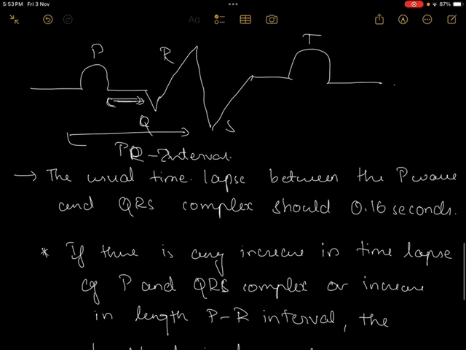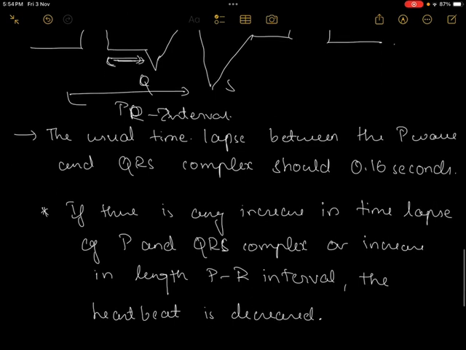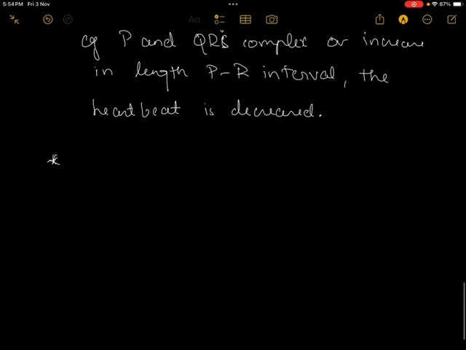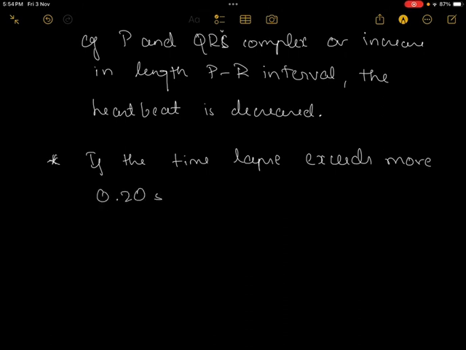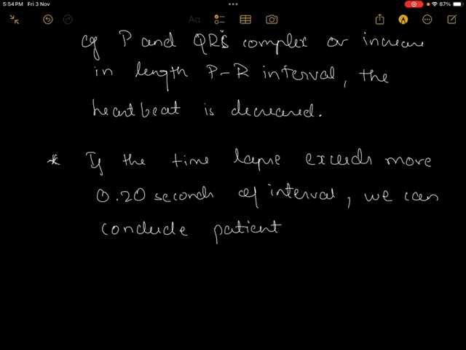If there is any increase in the time lapse between the P wave and the formation of the QRS complex in the ECG, where the normal time lapse is 0.16 seconds as I have mentioned, if the time lapse exceeds more than 0.20 seconds of interval, then we can conclude that the patient is suffering from first degree heart blockage.